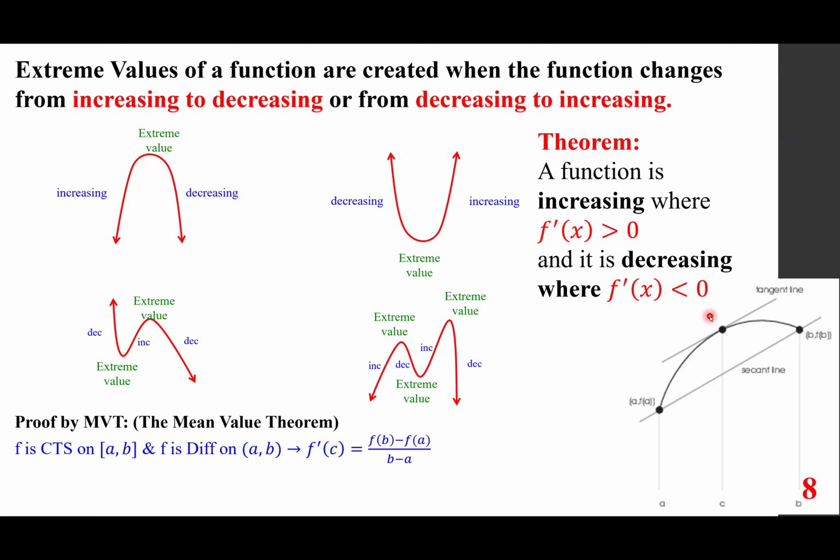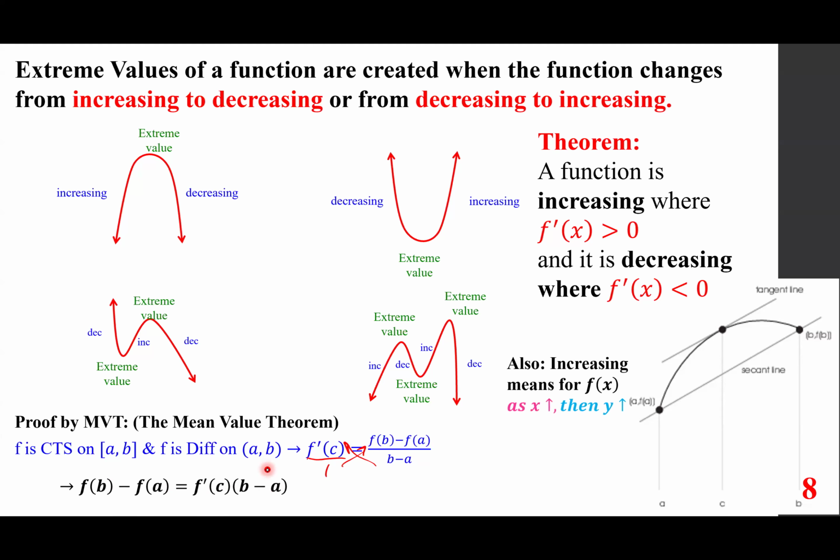And now if we do the cross product here, we get f of b minus f of a equals f prime of c times b minus a. They are identical, they are equivalent.